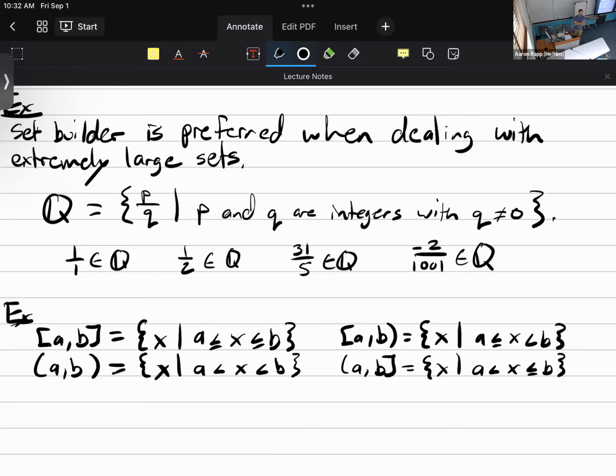These are all sets that you've seen before, done in set builder notation. And technically, this is new. You just probably didn't want to remember it.